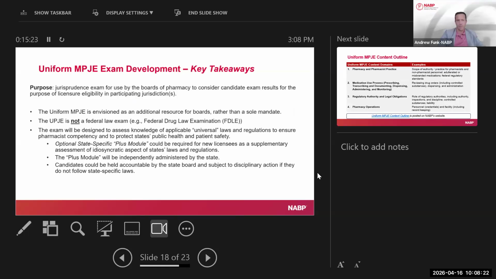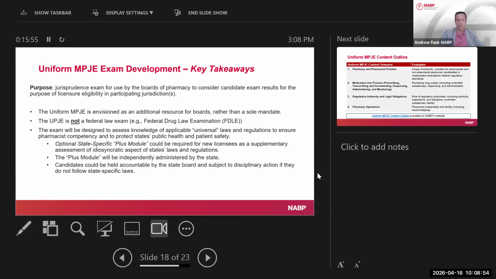I think the key takeaway here on the UMPJE development is a couple of things. One, to recognize that this is not a federal law exam, so it's not strictly federal law. Of course, it will cover federal law, specifically around controlled substances and some of the things related to FDA and DSCSA and those types of items.